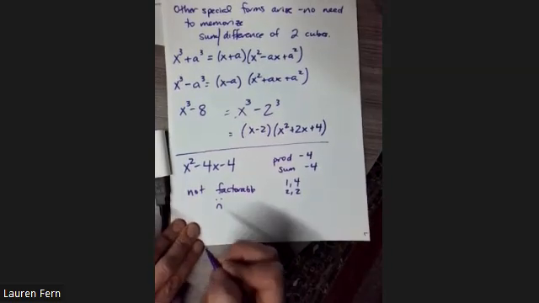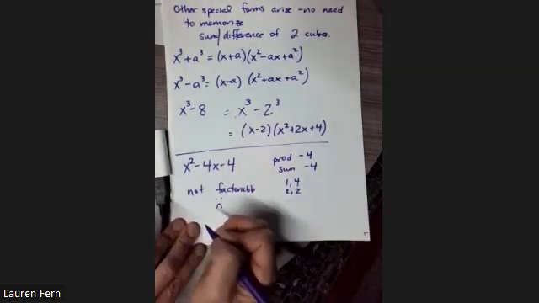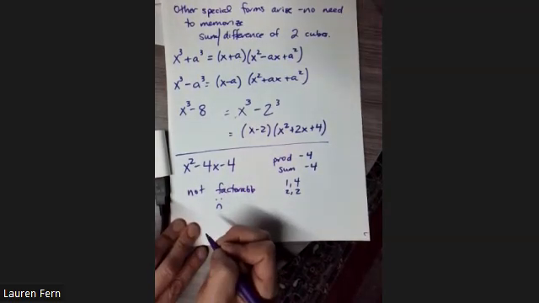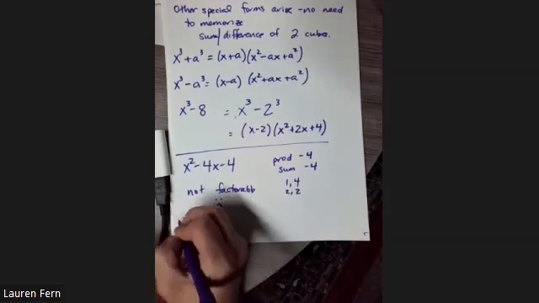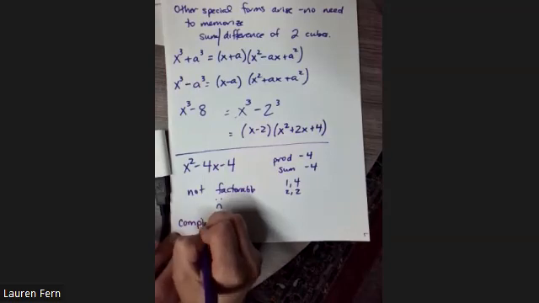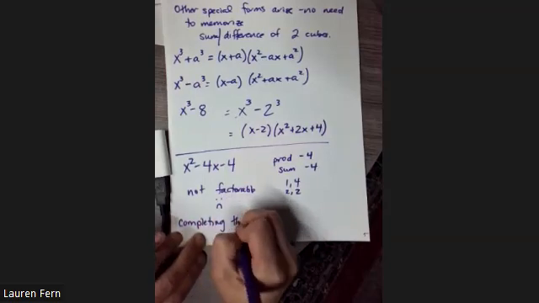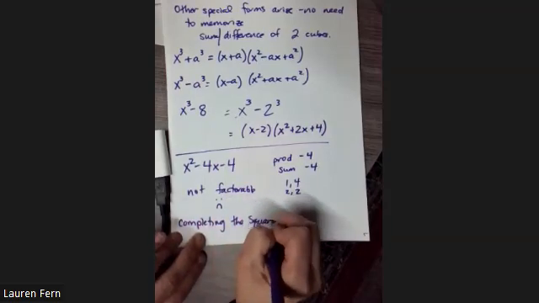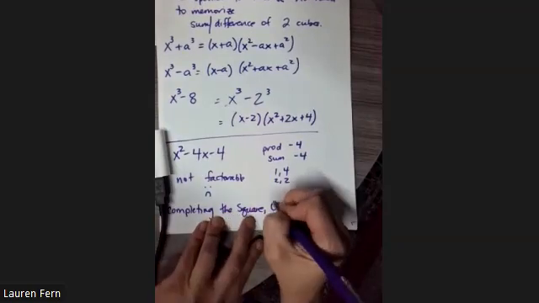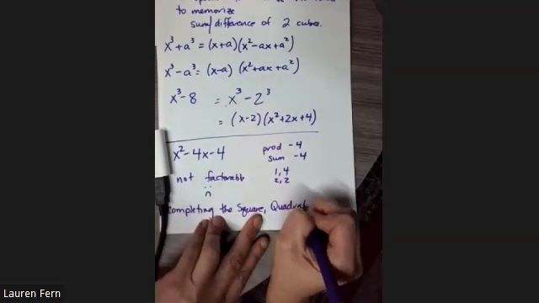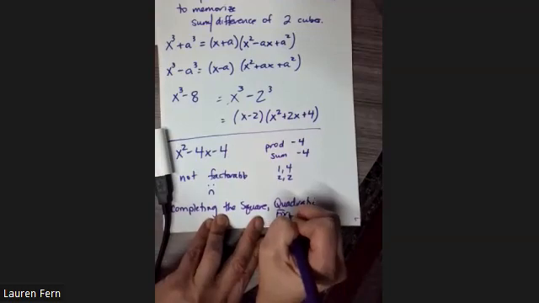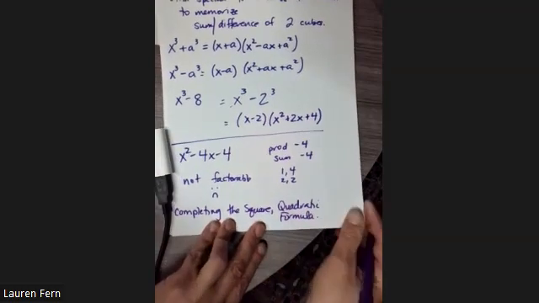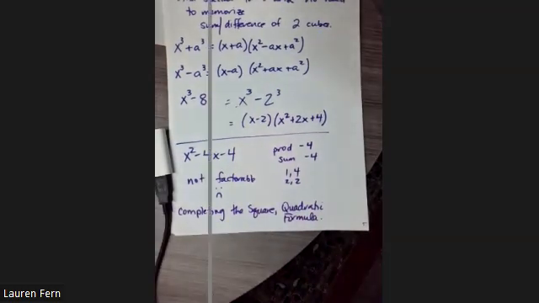Factoring is so fun, but it doesn't always work. That is why we need our other methods of completing the square and the quadratic formula. And that we will leave into our next video.